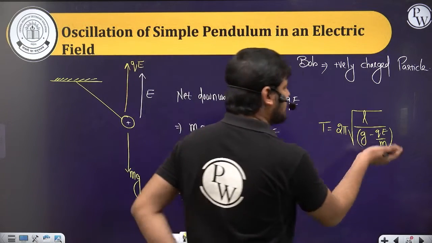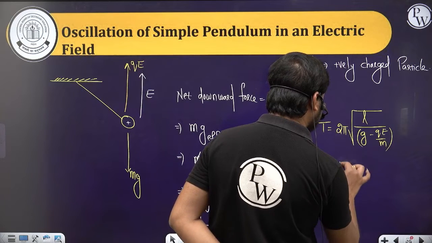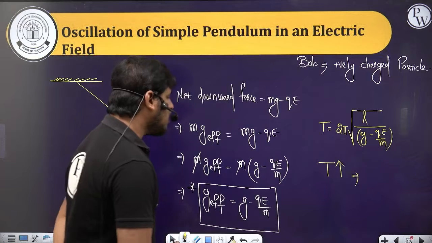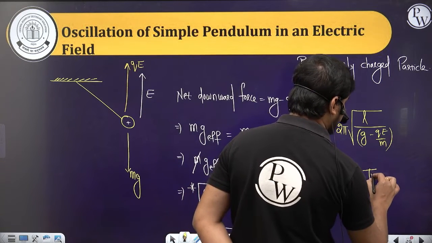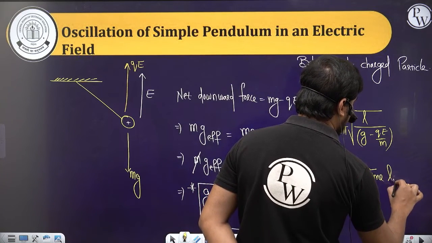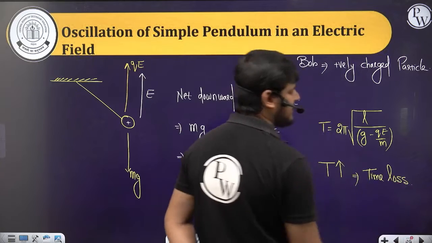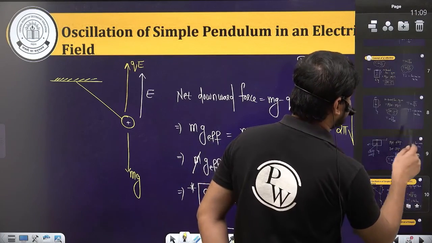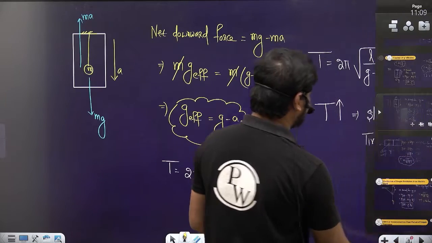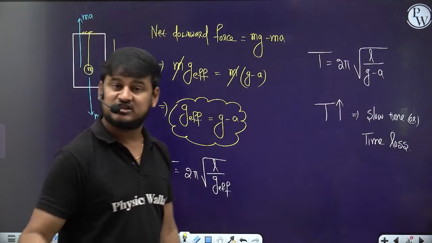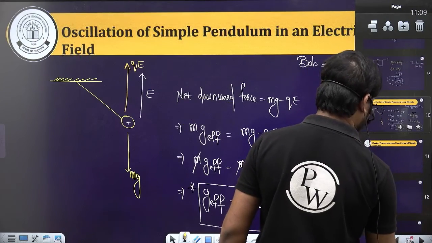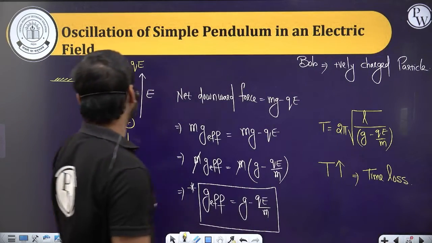If the denominator decreases, the time period increases, which means time loss takes place. If the time period is more, there is a time loss, slow time. I have explained this in thermal properties of matter also. So this is the scenario.